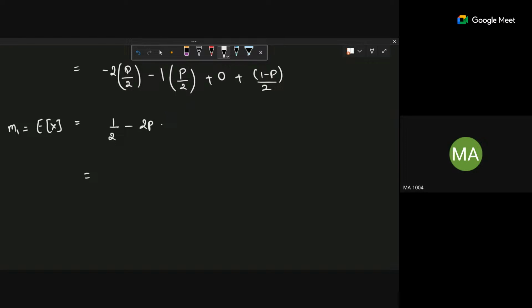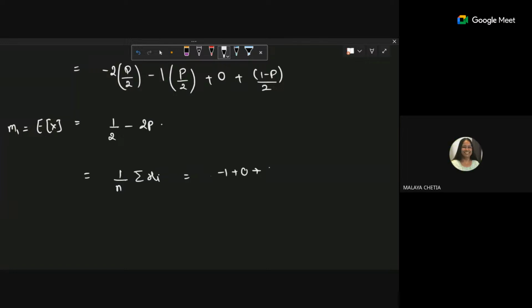So what is the mean there? 1 by n summation xi, the sample mean. In the sample value, there are two ones, so that will also be used?